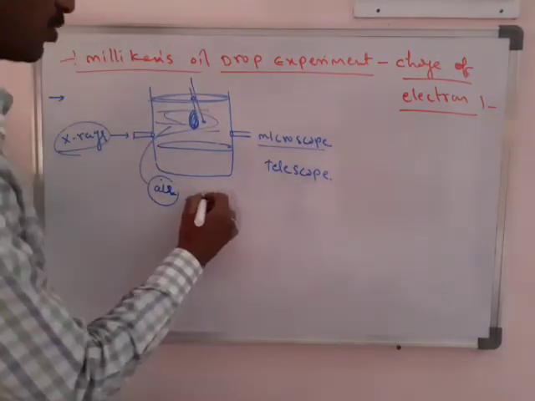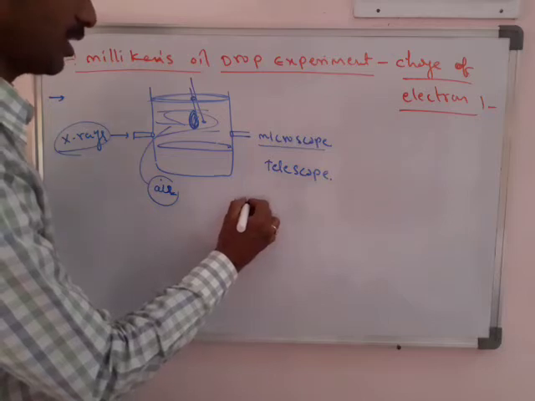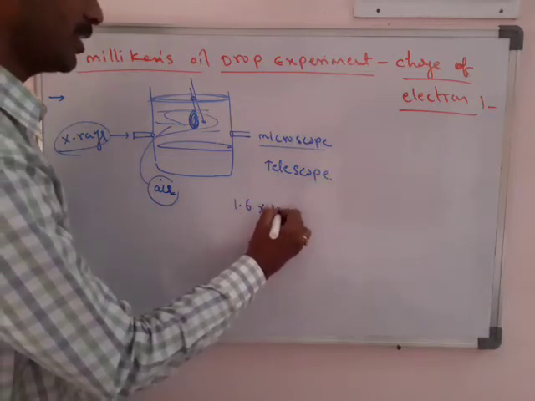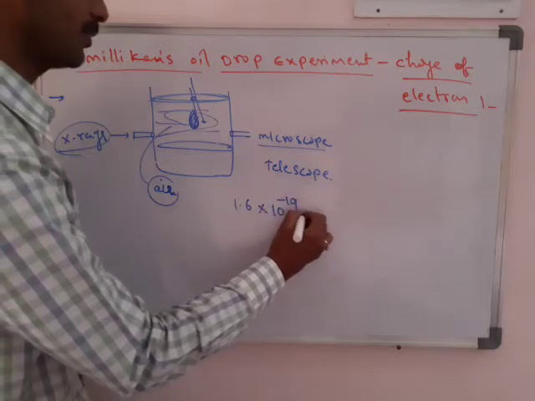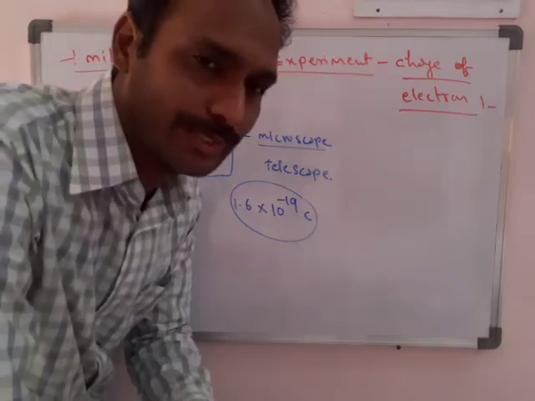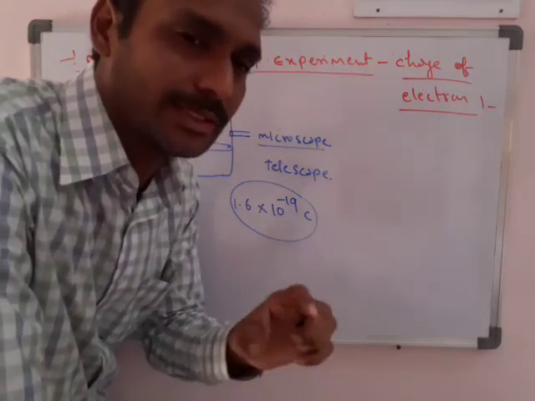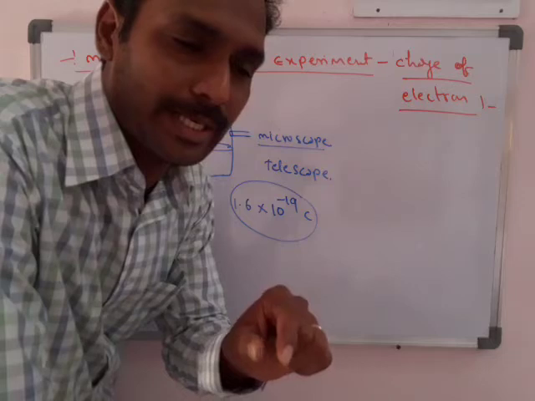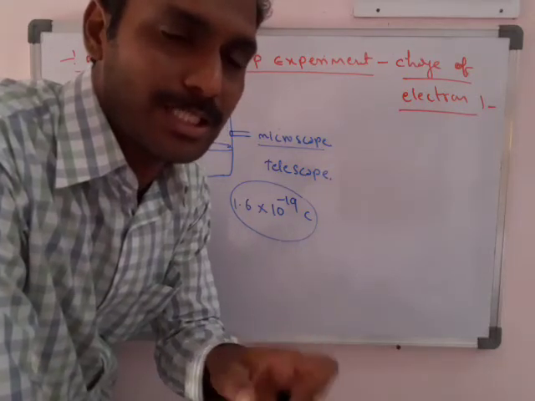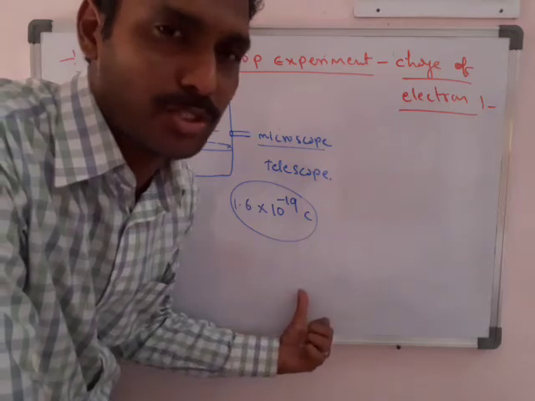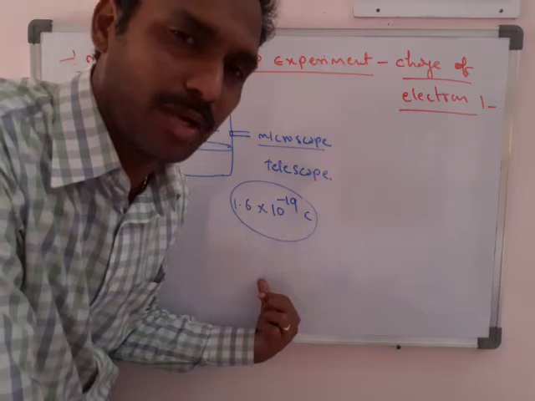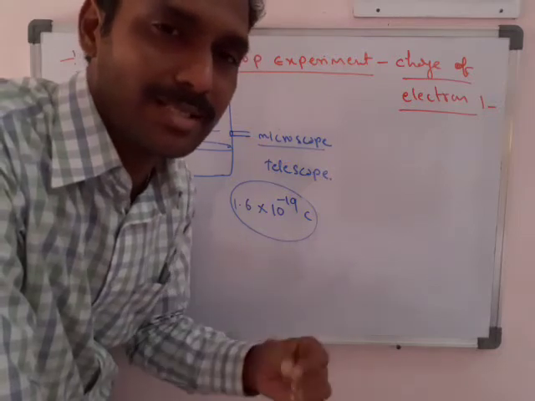Generally 1.60-something is there, we simply write 1.6 into 10 power minus 19 coulombs.